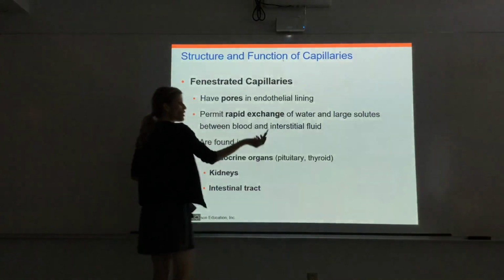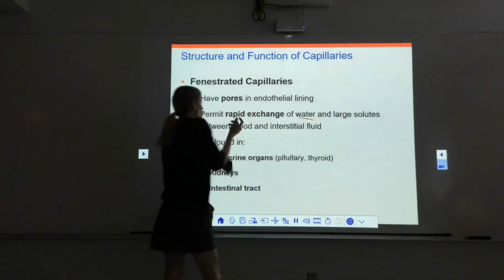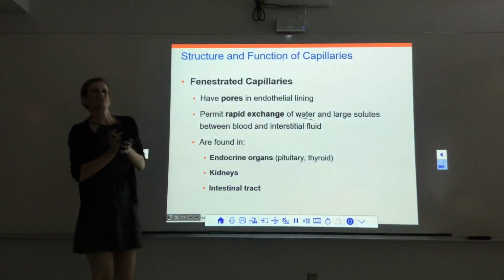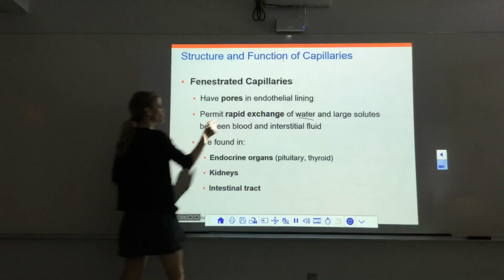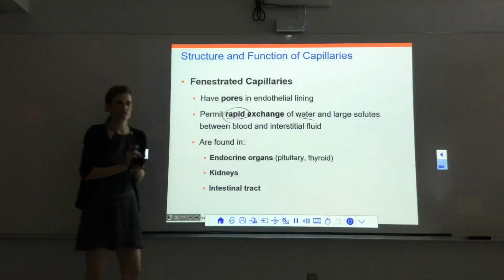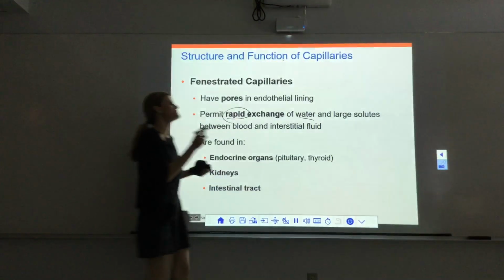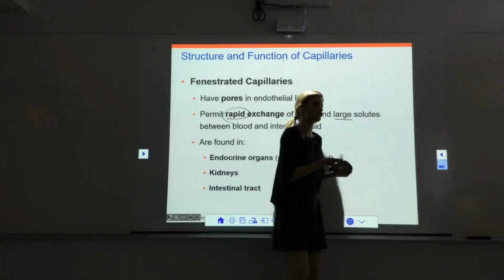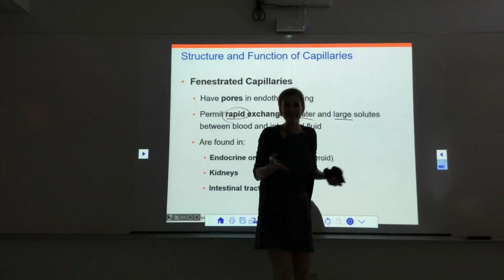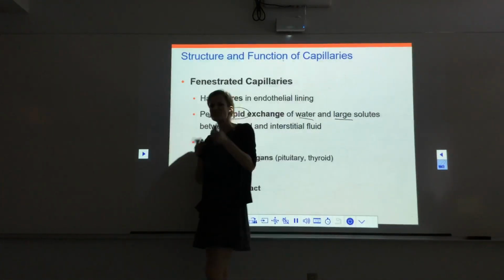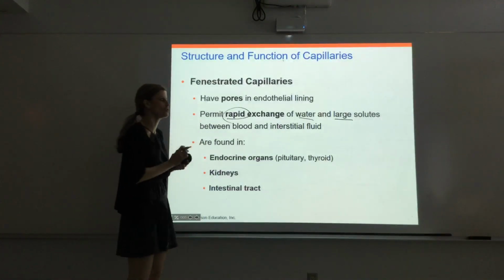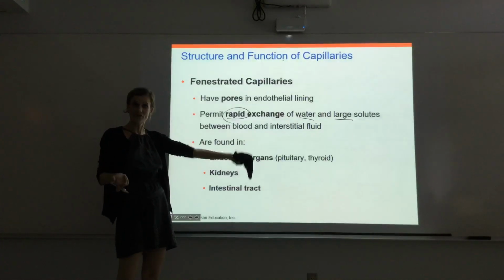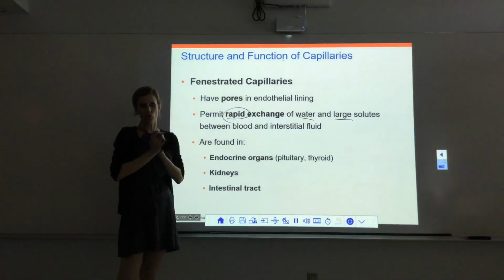So when we look at the normal stuff like water, ions, glucose, some little nutrients, those things really, really rapidly enter and leave the bloodstream. Also, we see that some larger solutes like amino acids, some larger kind of like disaccharides, larger sugar molecules, some hormones can enter and leave through these pores.